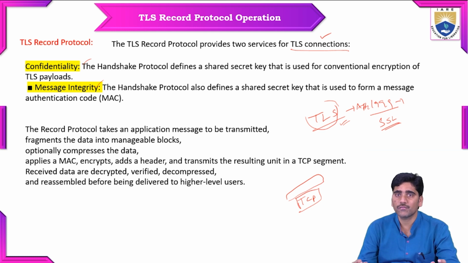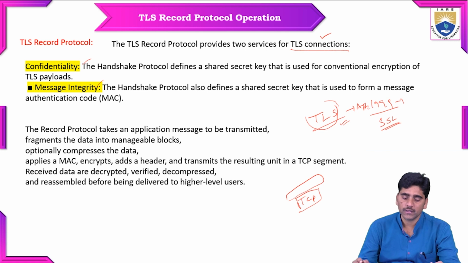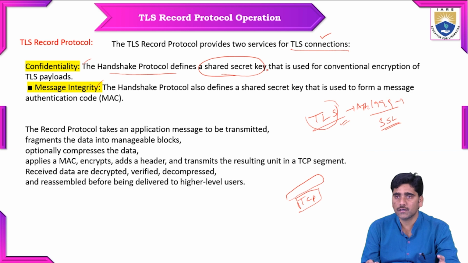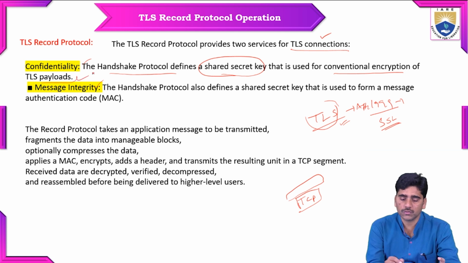For the purpose of confidentiality, we maintain the information to be secure and private, so we need to maintain that confidential information. The handshake protocol defines a shared secret key that is used for conventional encryption of TLS payloads.